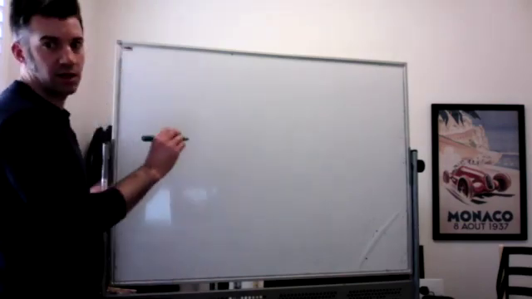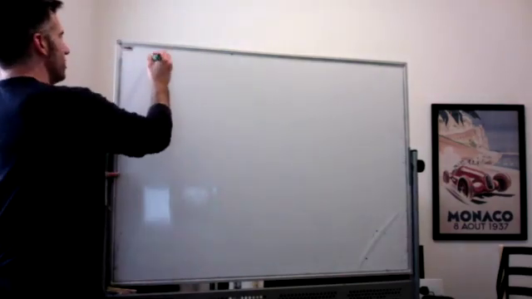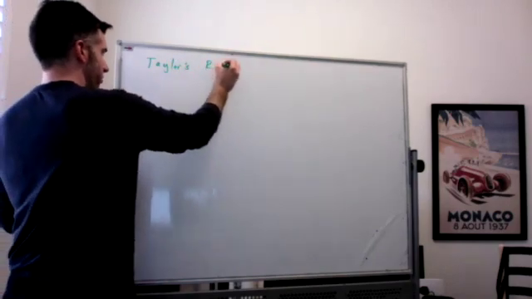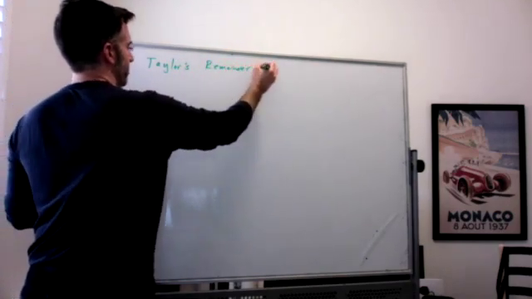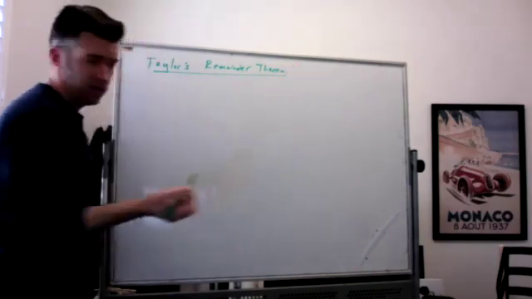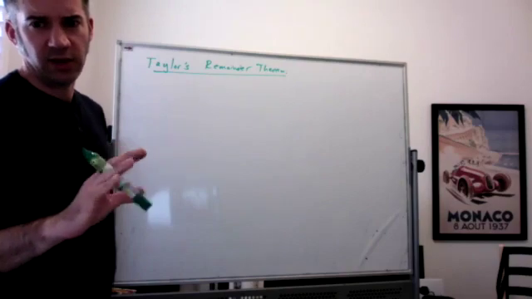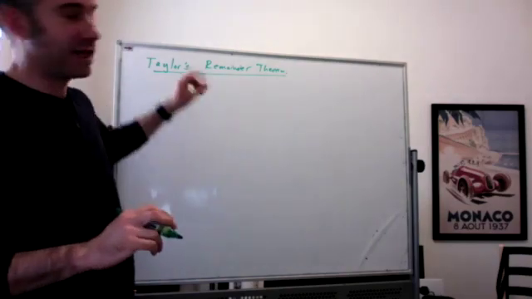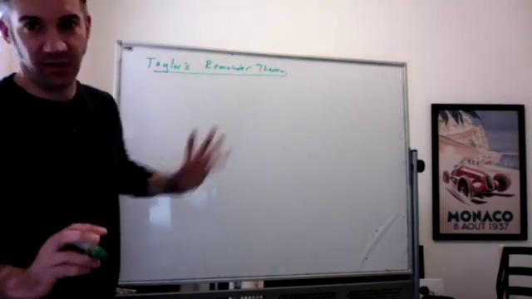So here's the stuff about Taylor's remainder theorem. Taylor's remainder theorem says the following. Actually, I'm going to get back to Taylor's remainder theorem, but I want to say something else first.